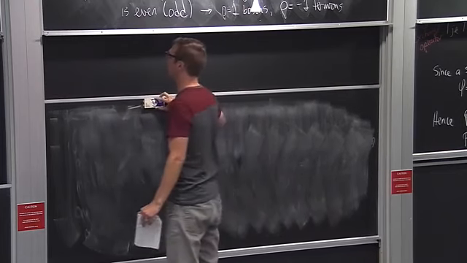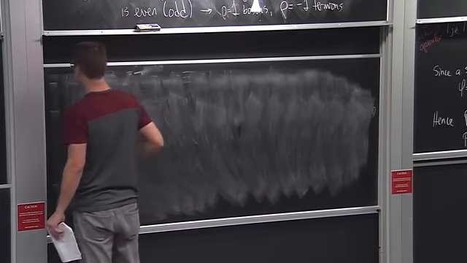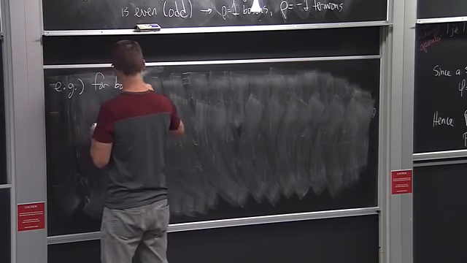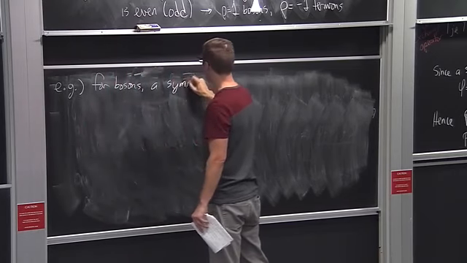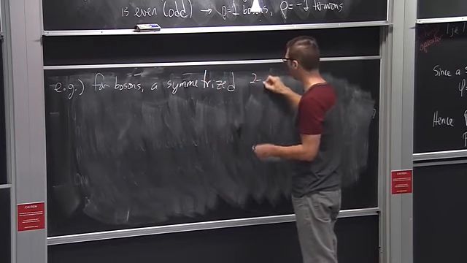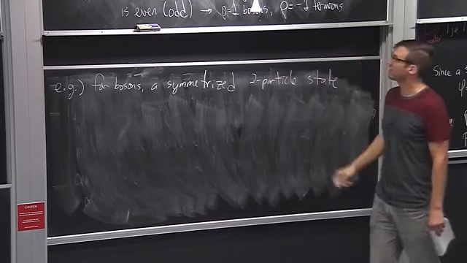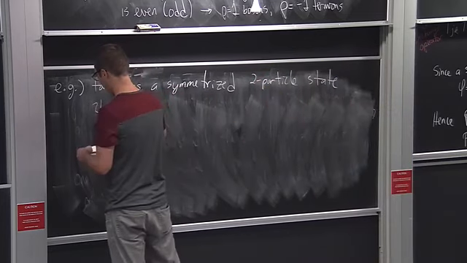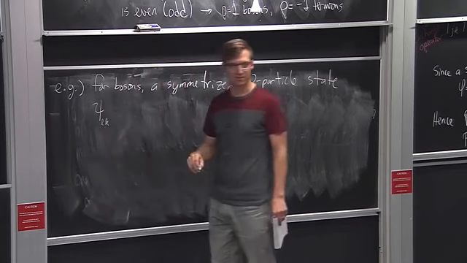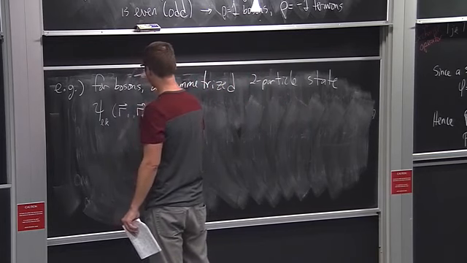So let's look at a 2-particle state. I have psi, and I'm going to label it with my 2 single particle states, which I just call L and K, and there are 2 position labels.